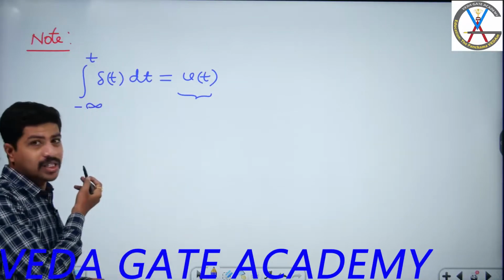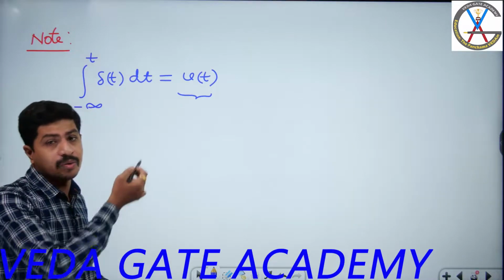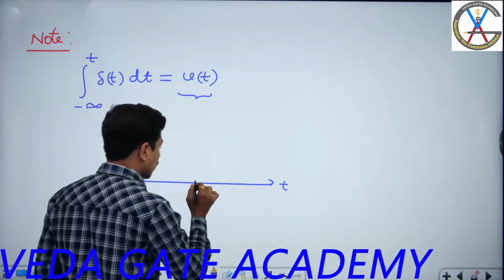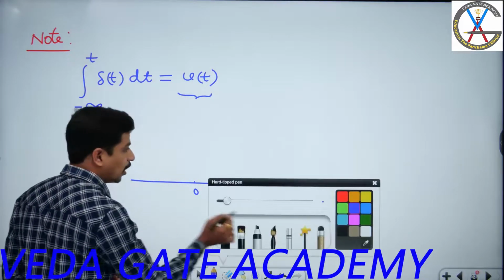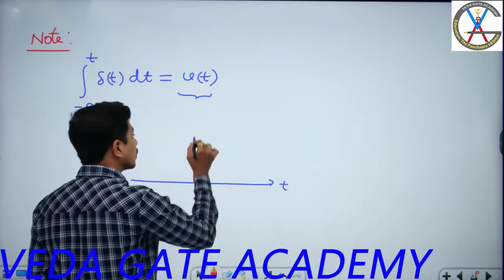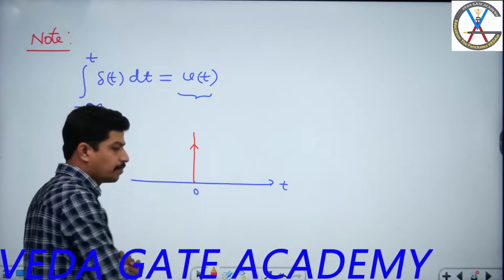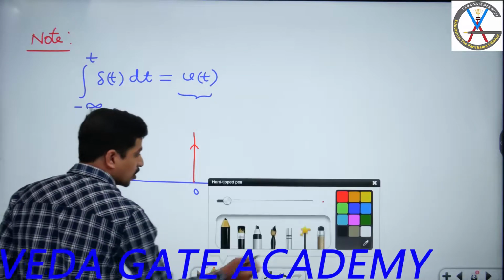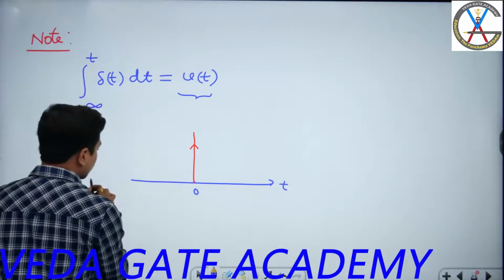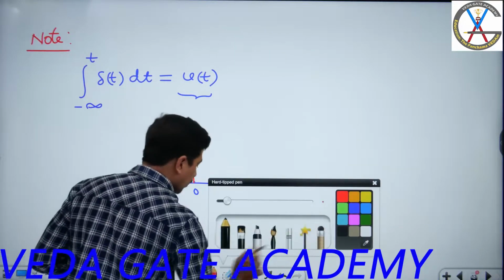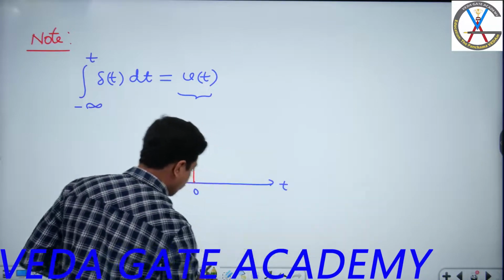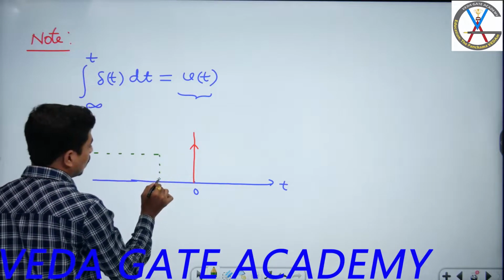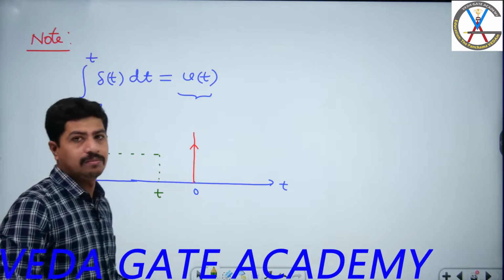Now, the integration limits I'm taking are from minus infinity to t. Let me draw that impulse signal. Yes, this is the impulse signal. I'm taking the integration from here to here. Observe very carefully. I'm taking the integration from minus infinity to some t which is less than 0.